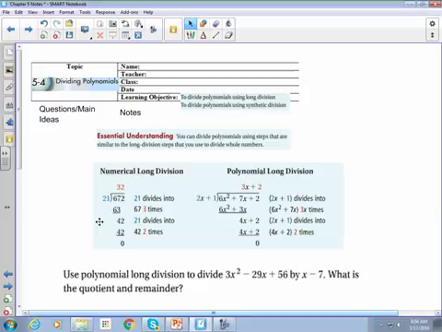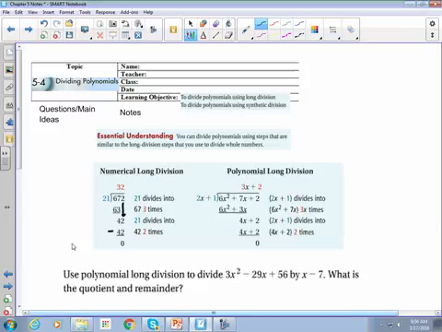Then we bring down the 2. And then 21 goes into 42 2 times. And 21 times 2 is 42. Then we change the sign, 42 minus 42, and we have remainder 0.